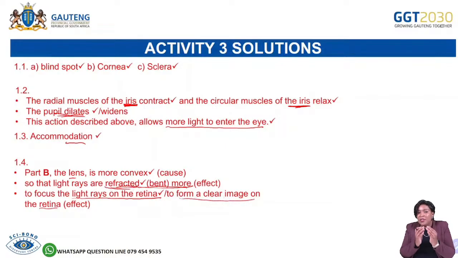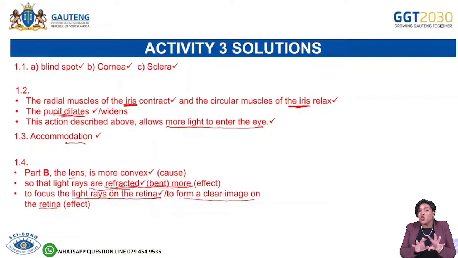So when the object is close, your lens is always more convex, but when it is far, your lens is going to be less convex. That is how you must remember those. And then you say when it is more convex, it has more refractive power, so that the light rays focus on the retina. So that is how you are going to approach this question.